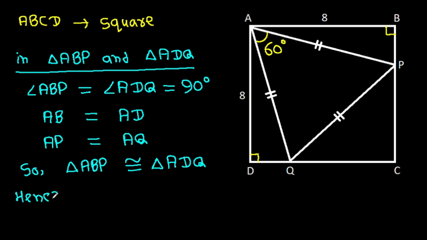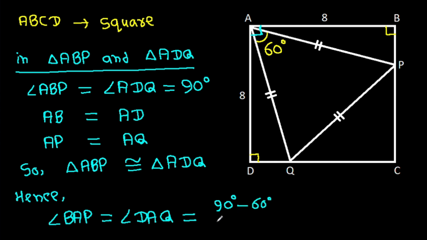Hence angle BAP will be equal to angle DAQ, that will be equal to, and we know that this angle is 60 degrees, so it will be 90 degrees minus 60 degrees over 2, and it is 30 degrees over 2, that will be 15 degrees.